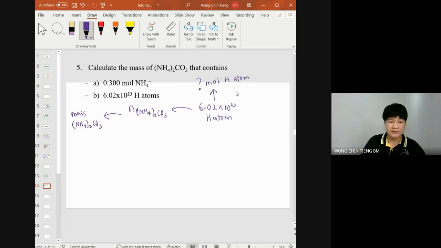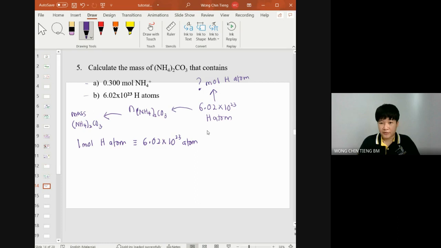Simple way sebab value dia senang. 1 mole of hydrogen atom, we know that. Standard adalah 6.02 darab 10 kuasa 23 atom. Nampak tak? Terus. Okay? Kenapa saya kata soalan senang? Sebab value yang dia bagi 6.02 darab 10 kuasa 23. Kenapa nak tukar number of mole? Sebab saya nak cari number of mole dia.